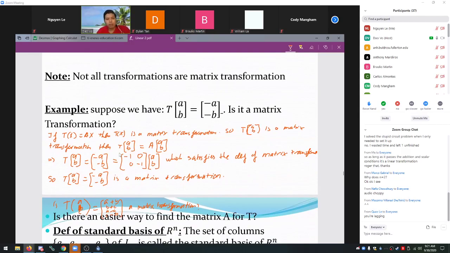Okay, so is that a matrix transformation? If I have a transformation from ABC into A plus B, B plus C, A minus C, and then C minus B, is that a matrix transformation? So how do we figure out whether it's a matrix transformation? I still remember back in the day when we talked about that, right?